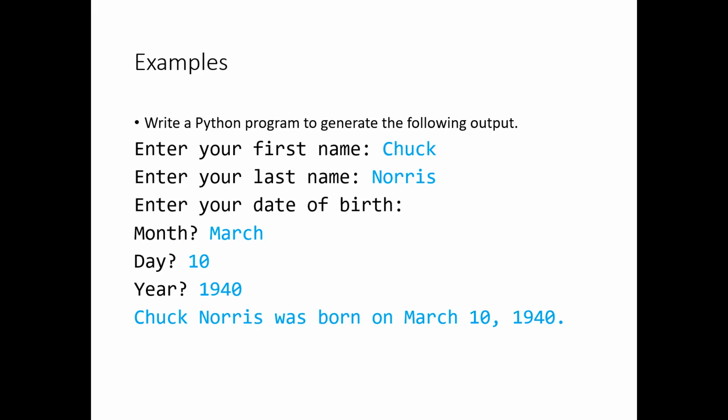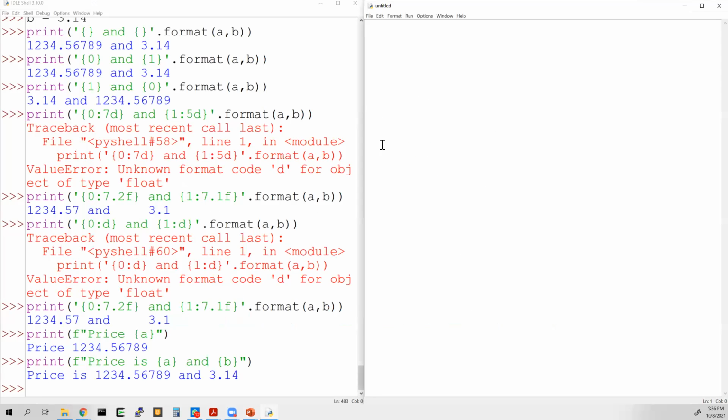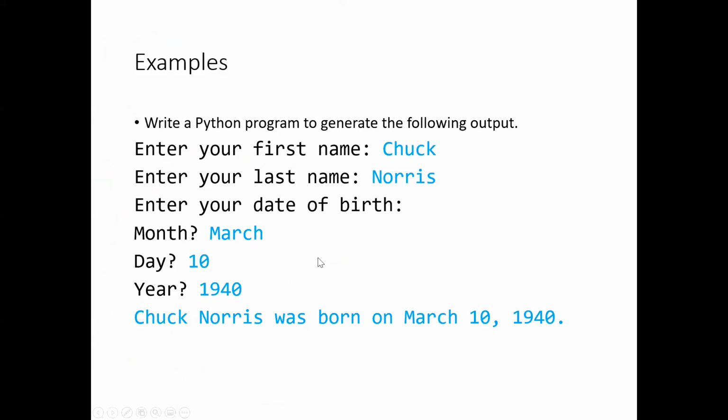Now you can see one side I have a new script, and on the other side I'm going to develop it. Let's start with the first one. First we want to request, enter your first name, and we want to get the output. Let's try with that one, one at a time.